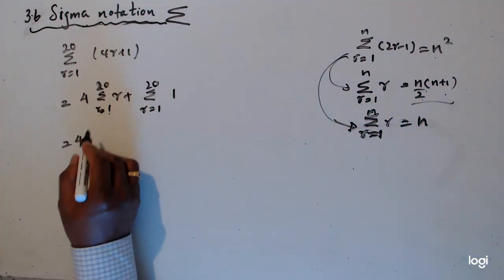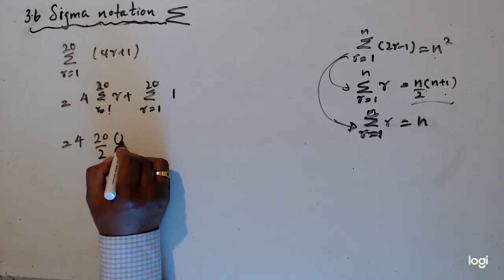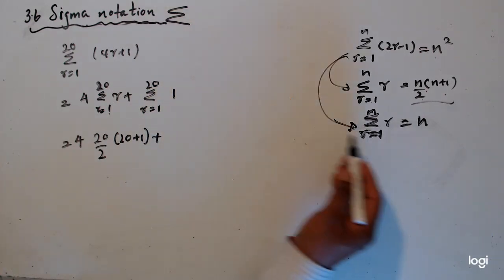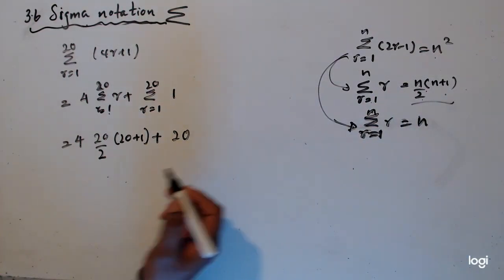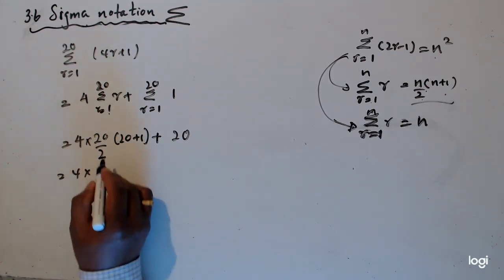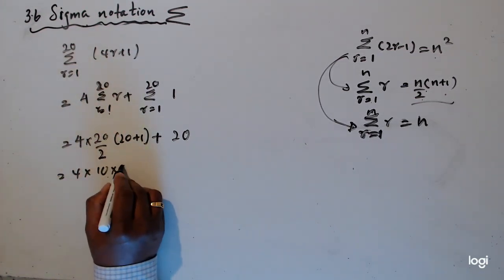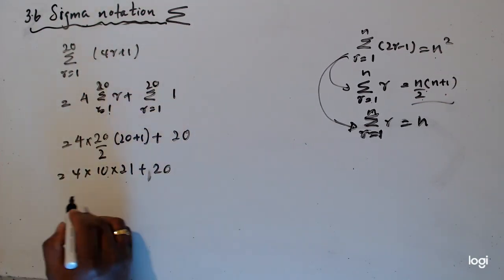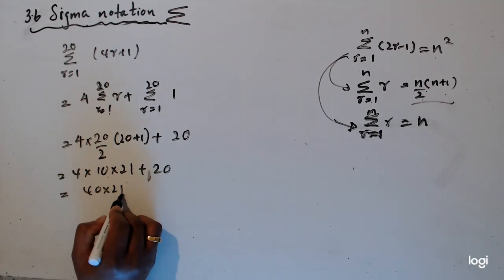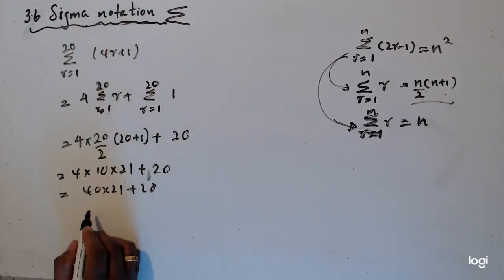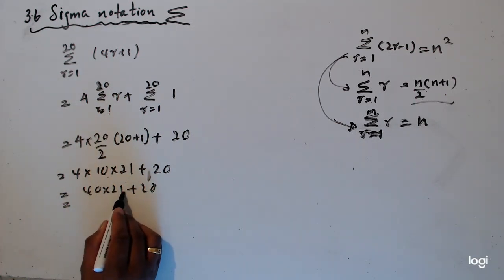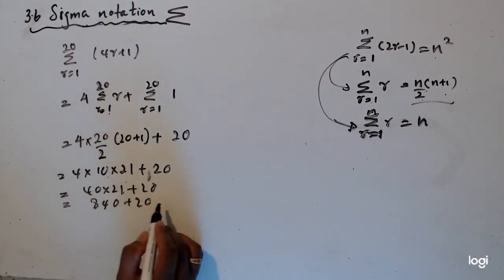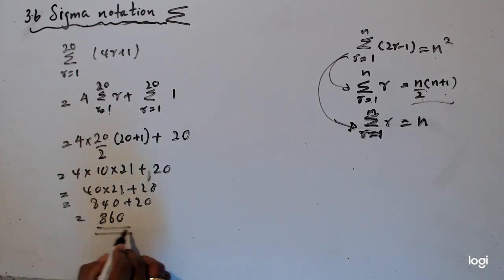So this is going to be 20 divided by 2 times 20 plus 1, plus summation of 1 from 1 to 20, which is n, that is 20. So 4 times, this is 10 times 21, that is 210, plus 20. So this is going to be 210 times 4, that is 840, plus 20. So that is 860.